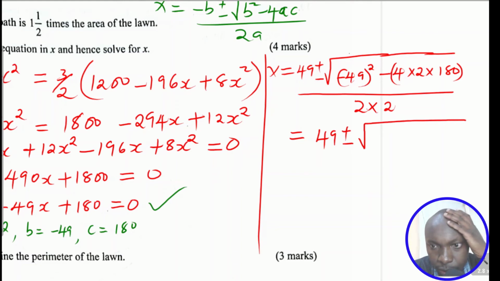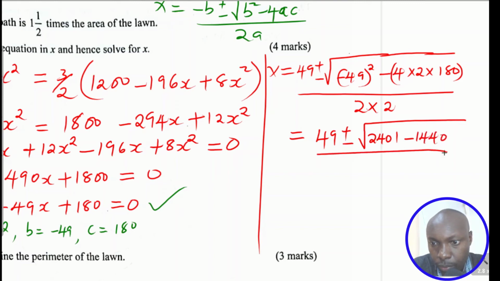Simplify these. 49 squared, you get 2401. Then 4 multiplied by 2 multiplied by 180 will give 1440. Everything divided by 4.